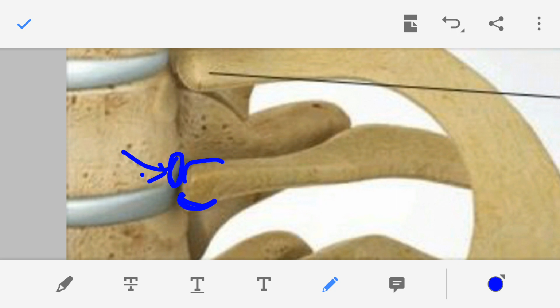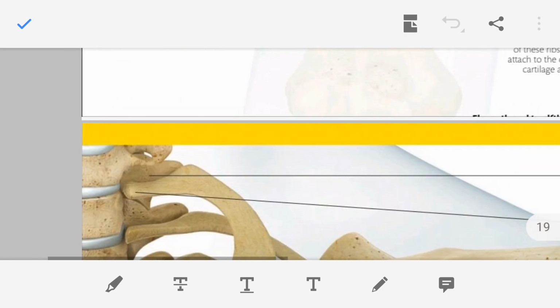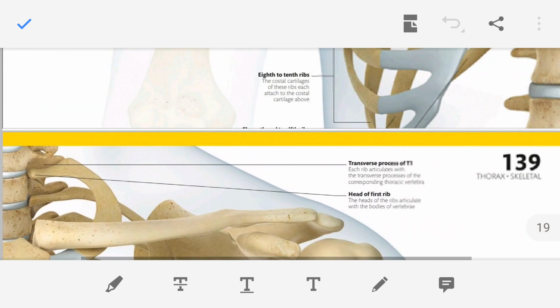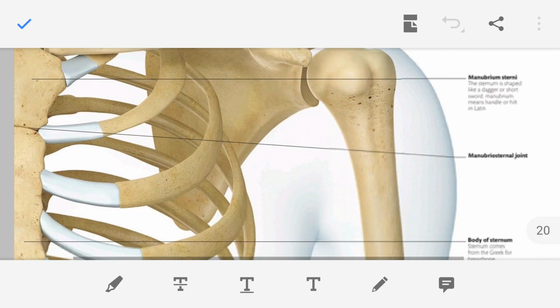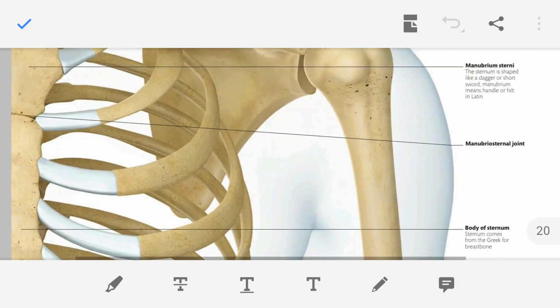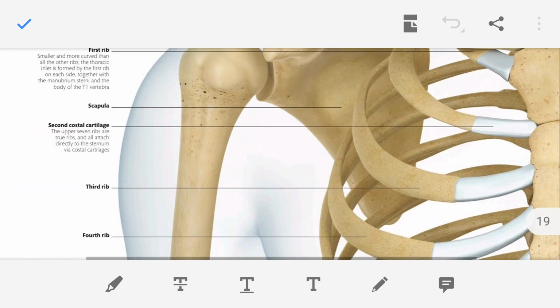This one, inferior facet, into superior demifacet of T2. So this is the explanation for point number 14.